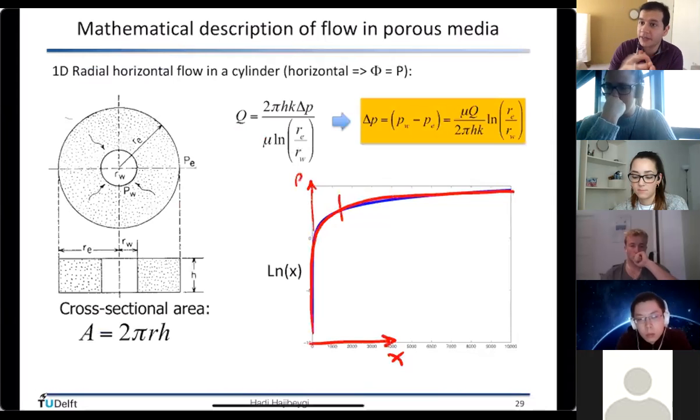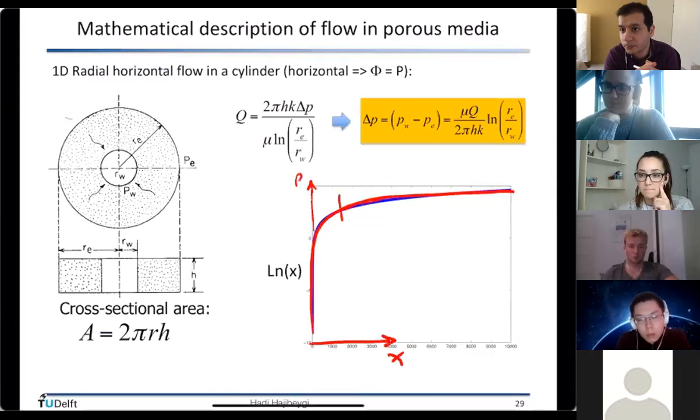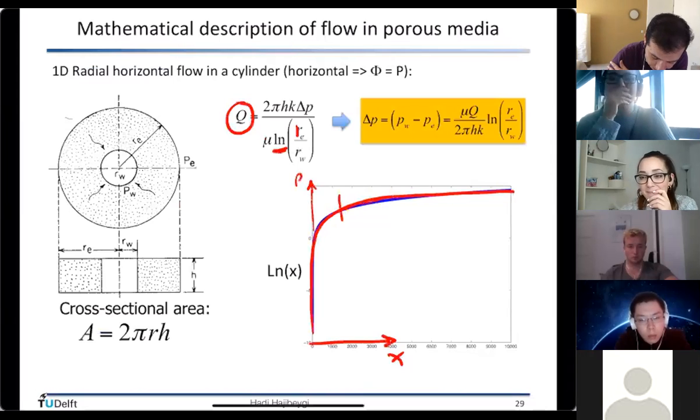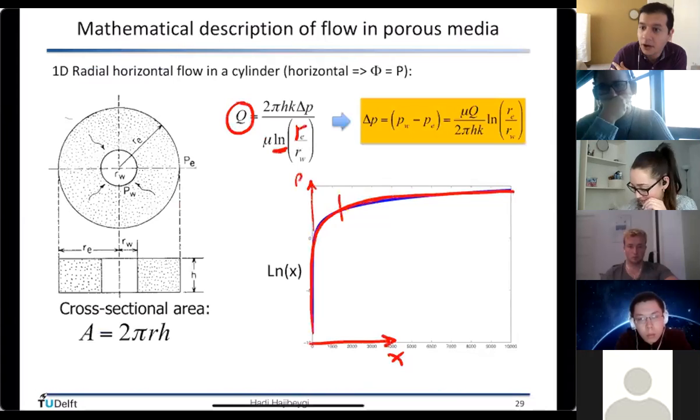And far from that, you are going to have a slower decay of the pressure. Okay, because the flow rate that you have in your well is proportional logarithmically to the radius r that you are going to look at and study, and obviously dependent on the well bore radius as well.